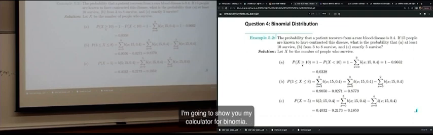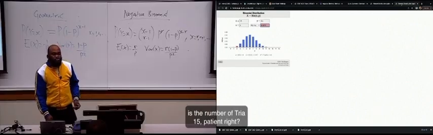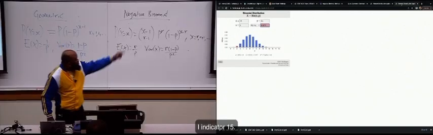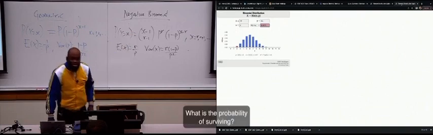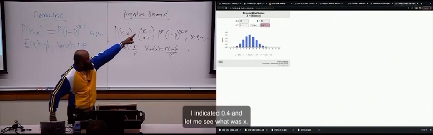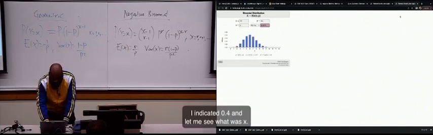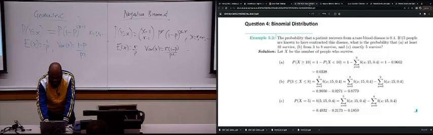I'm going to show you my calculator for binomial now. All I need is the number of trials, 15 patients. I indicated 15. The probability of surviving, I indicated 0.4. And what was X?